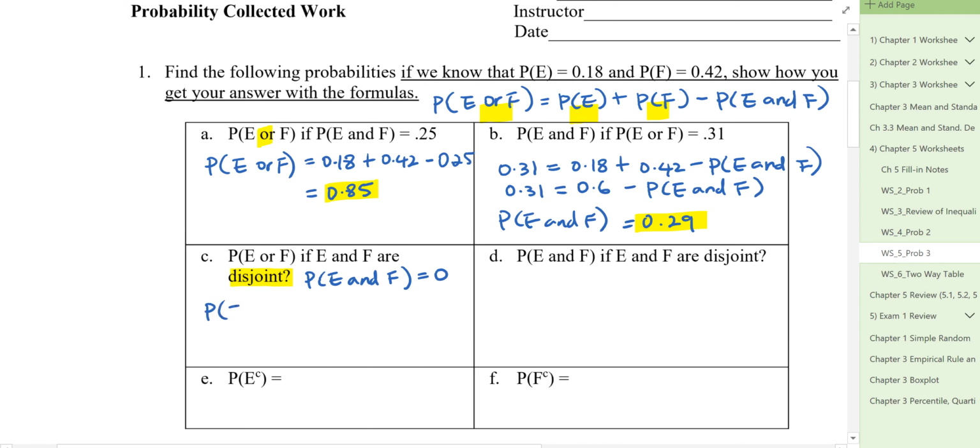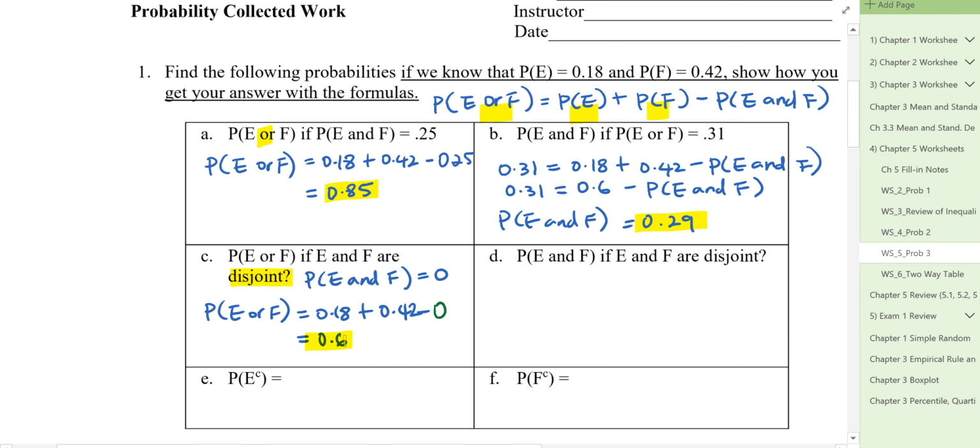So P of E or F is equal to P of E, 0.18, plus P of F, which is 0.42, minus P of E and F, which in this case is 0 because they're disjoint. Right? So simplify that, P of E or F is equal to 0.6. Oh, this is 0.42, not 0.4. Be careful there. So this will be 0.6.